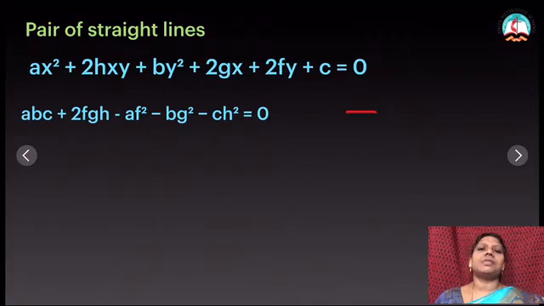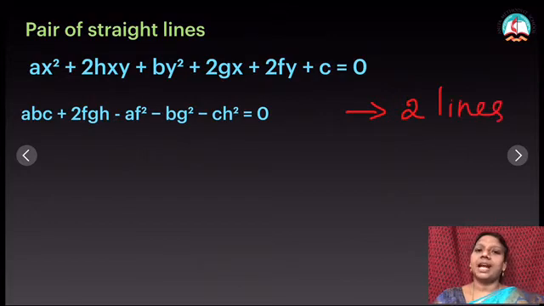If a constant is given in the equation, then we can apply the straight line equation condition to find that constant. Or if they ask us to check whether the given one forms a pair of straight line equations, then we will check whether it is equal to 0.